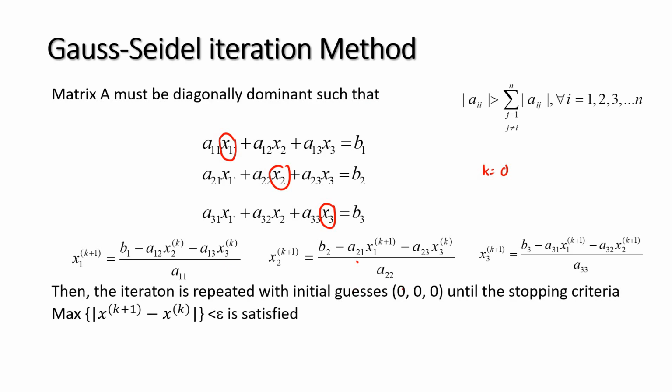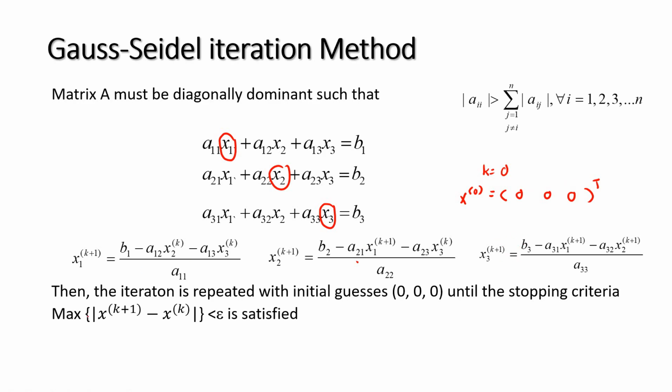The iteration is repeated starting with the initial guess x0, which we take as 0, 0, 0 transpose. x should be a vector, so we write the transpose here.